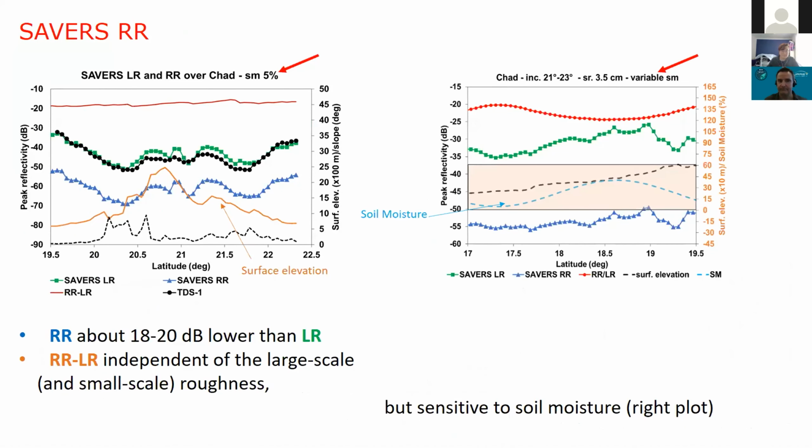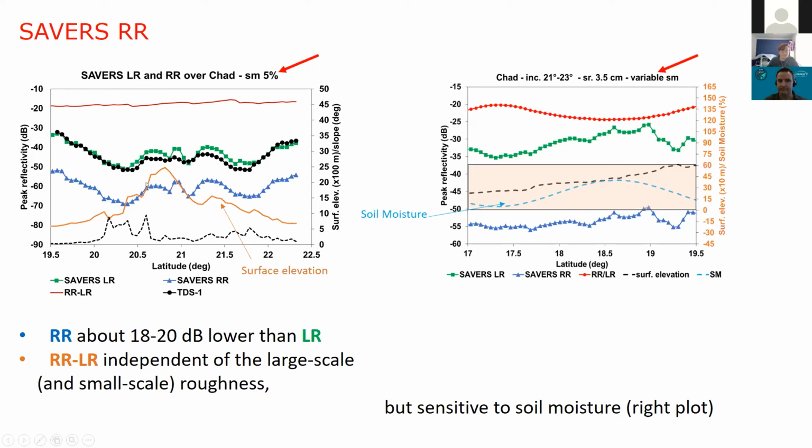Now let's move to the polarization, the simulation at right polarization. Here on the left, the black dots again are the measured TDS data at left polarization collected over Chad. The green square represents Savers simulations.